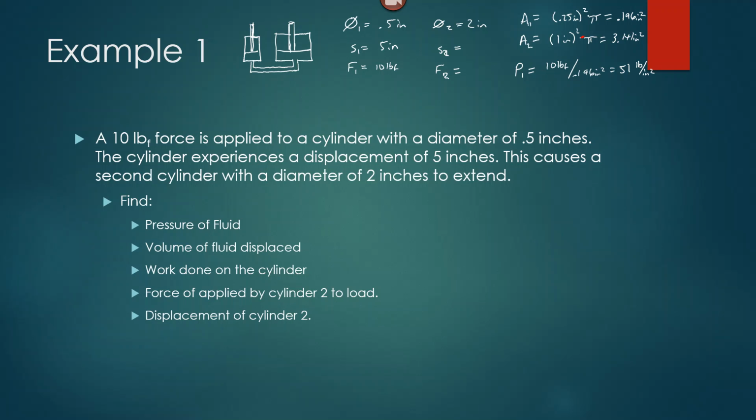So we know that P1 equals P2. This is Pascal's law, right? Remember that. P1 equals P2. Sort of cramming everything in because I know I'm going to need some space.